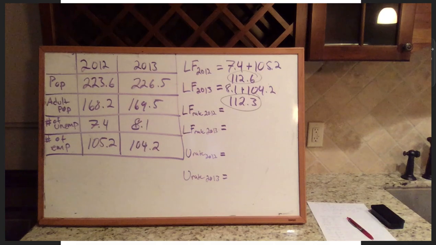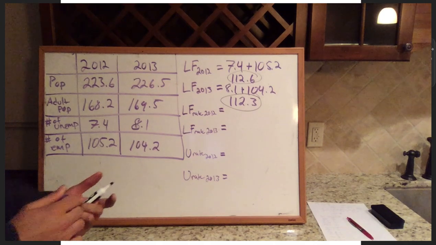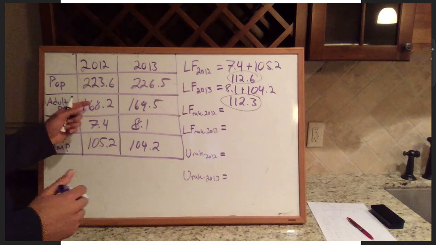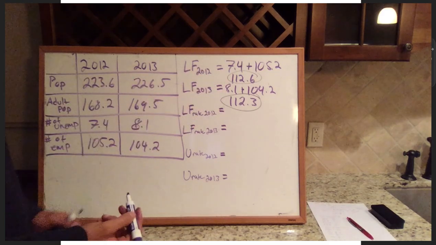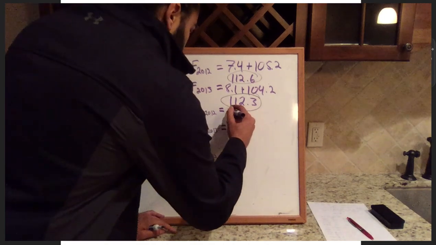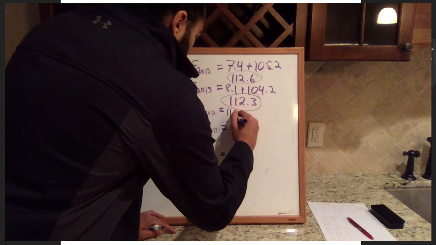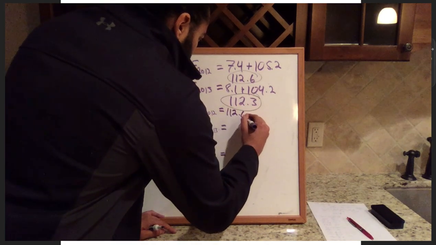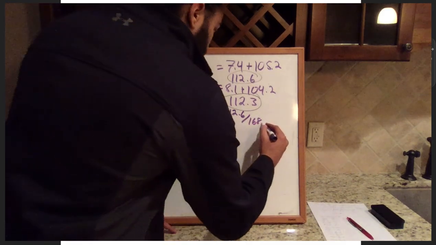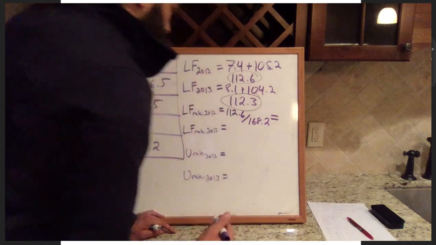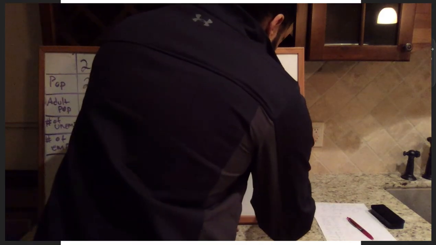Now our labor force participation rate is your labor force divided by your adult population. So we know what our labor force is. We know what our adult population for each year is as well. So for 2012, it's going to be 112.6 divided by 168.2. And what you're going to get is roughly around 67%.